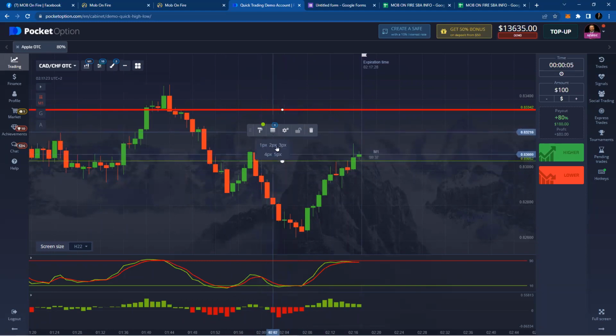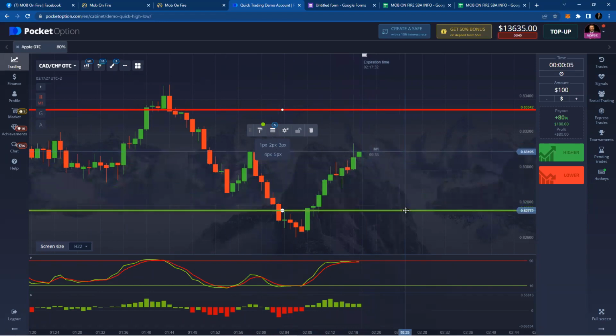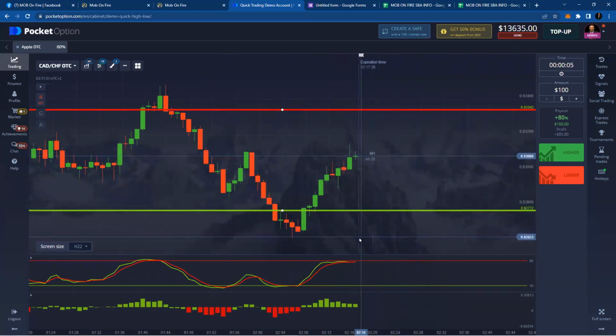Going to leave this one green, and I'm going to make it 5 pixel. What I'm going to use these lines for is to indicate on the chart where my support and resistance levels are. Okay. And easiest way to find those is by coming down here to this oscillator right here.